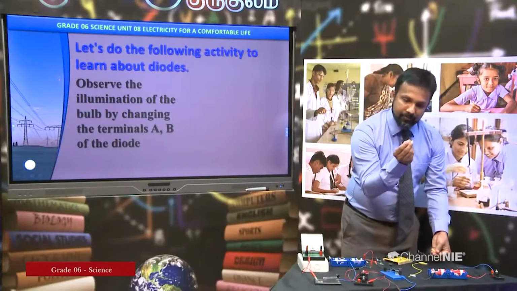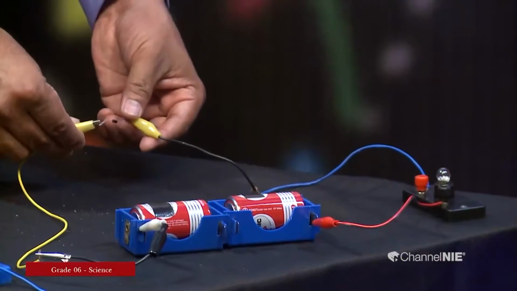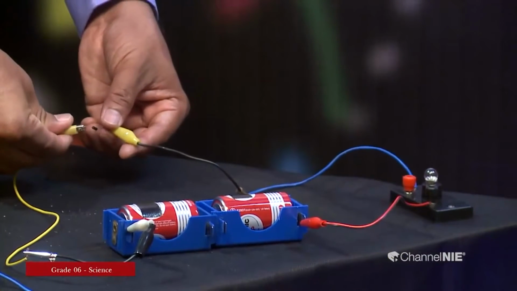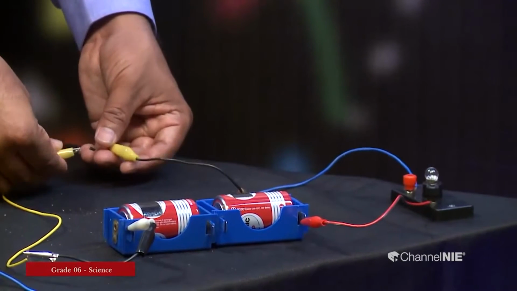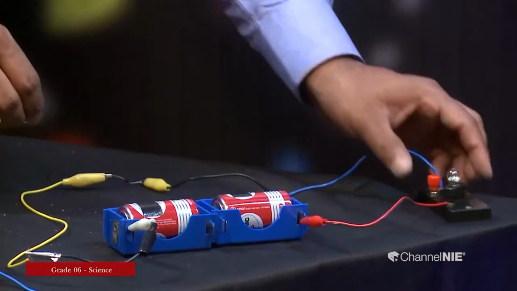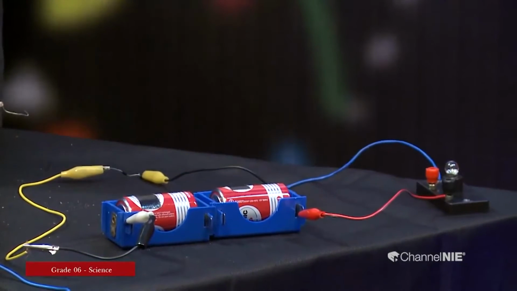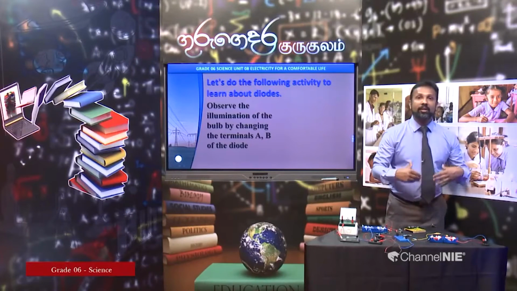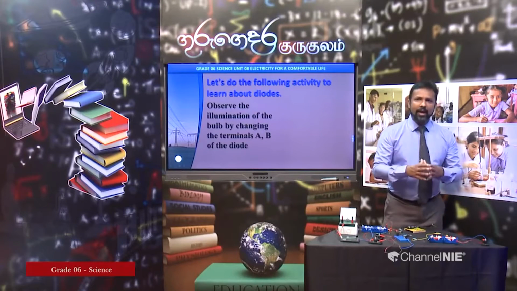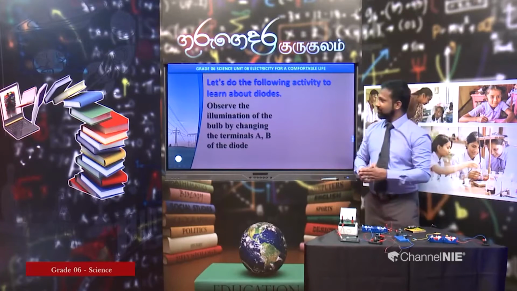I change. Can you see the difference? What's the difference? When changing the terminals of the diode, the bulb does not glow. Why is that? What's the reason for that? Right? Let's learn.